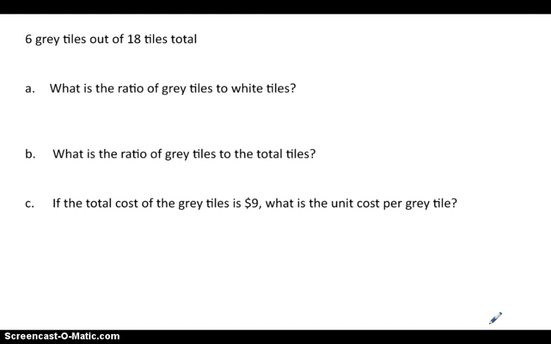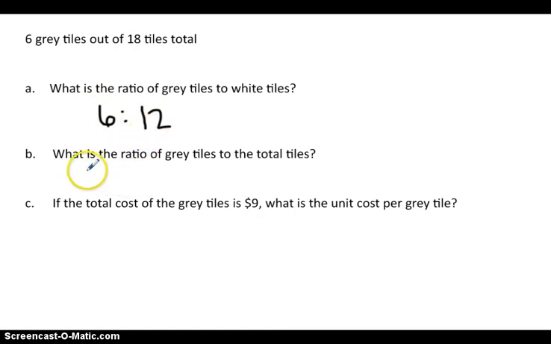Well, we can see there are 6 gray tiles. If there's 18 total, that means that there has to be 12 white tiles. And if you notice, 6 plus 12 makes 18. So it's 6 gray tiles to 12 white tiles.